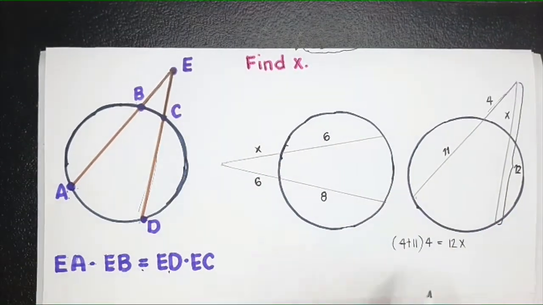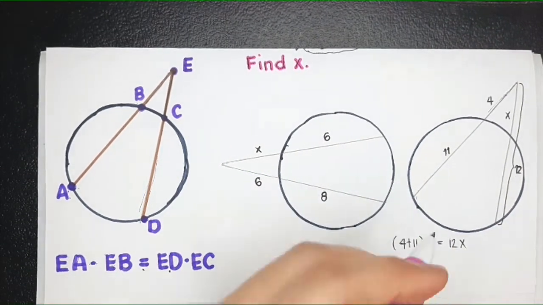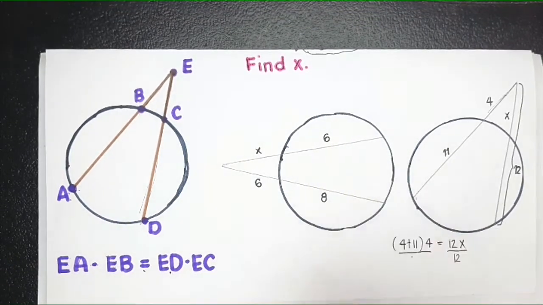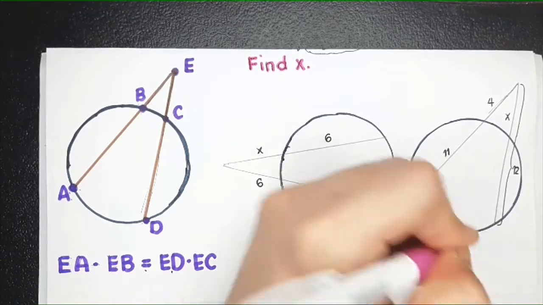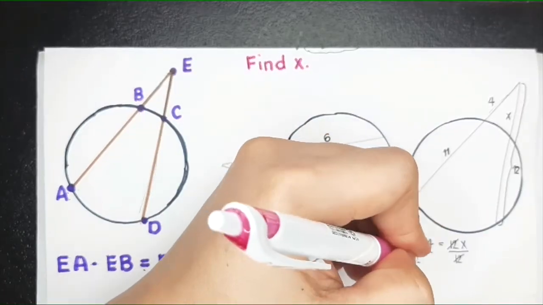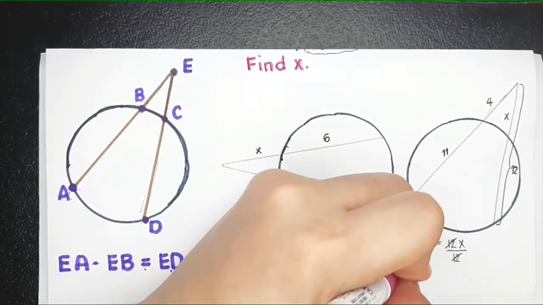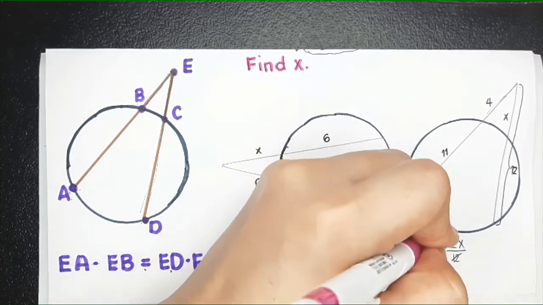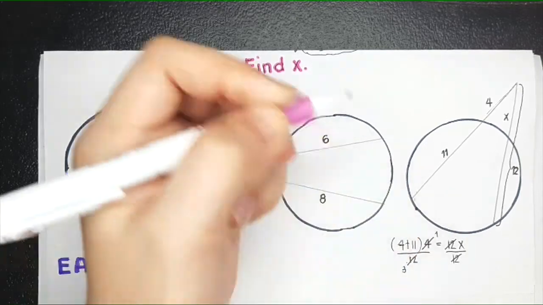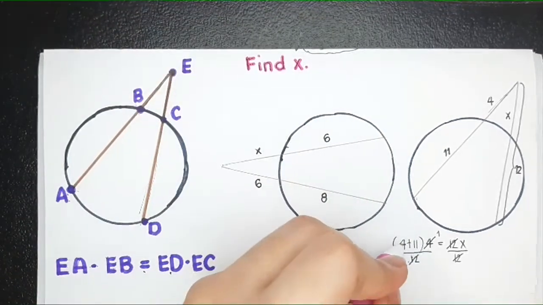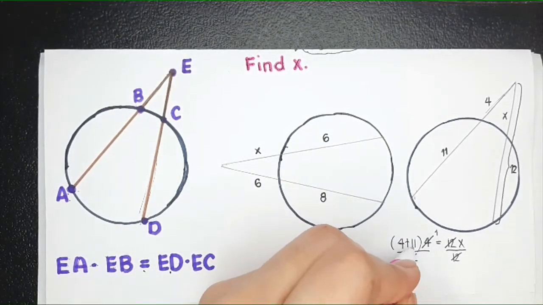Tingnan nyo, hindi na ulit ako magmumultiply. So, ang gagawin ko, magdi-divide na ako ng 12. So, cancel, cancel. So, tingnan nyo yung 4 at saka 12. Ito, mawawala na to. Magiging 1 kasi tatanggalin yung 4 din dito. Magiging 3. Kita nyo? Tapos, yung 4 plus 11, 15 yan, right?